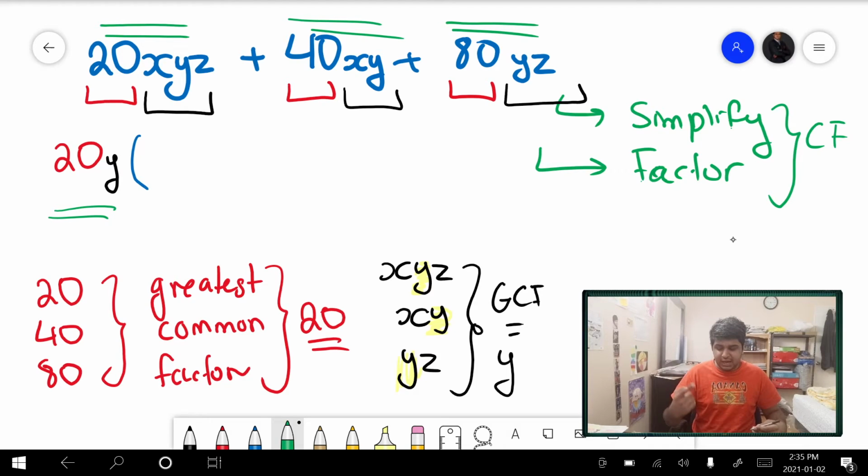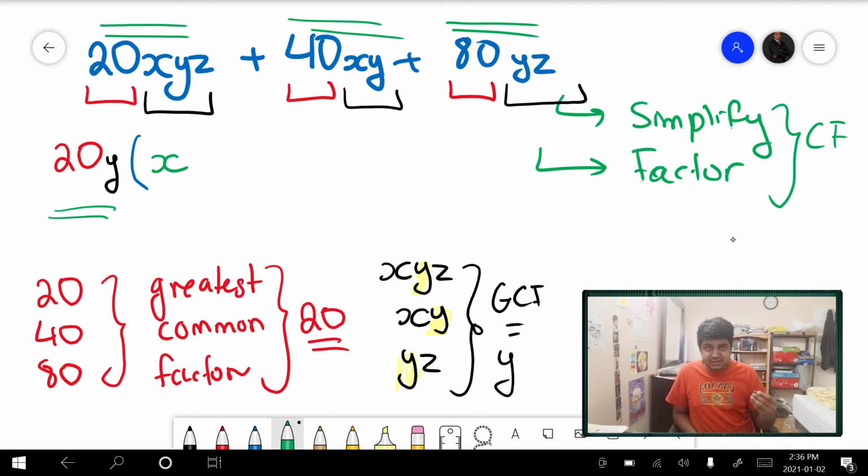The first time, we have 20y on the outside, we have 20xyz on the inside. Well, what's missing? Well, let's see here. If we had an x in the middle, right, we would have 20y multiplied by this x, and 20y times x actually equals 20xy. But we need 20xyz, right?